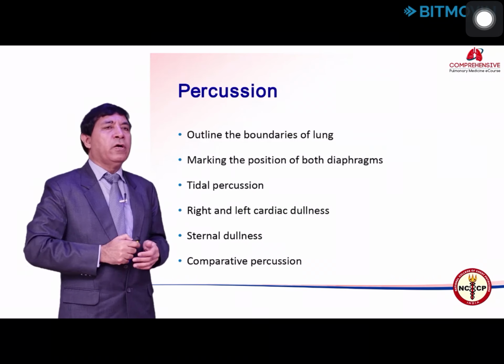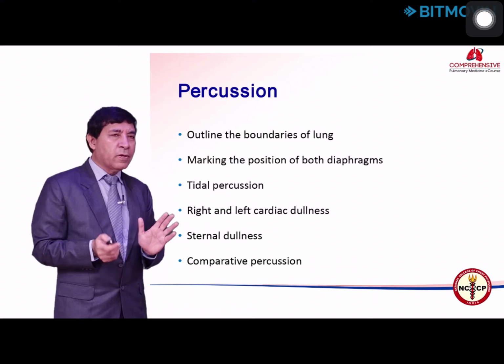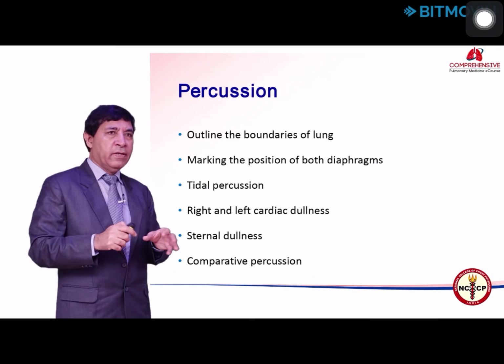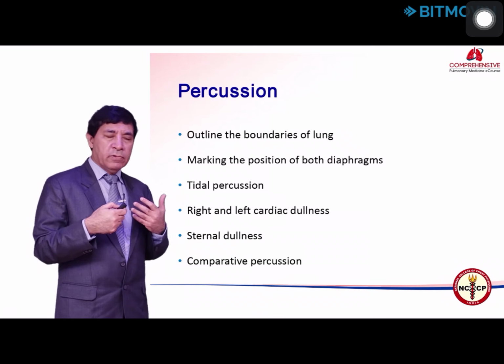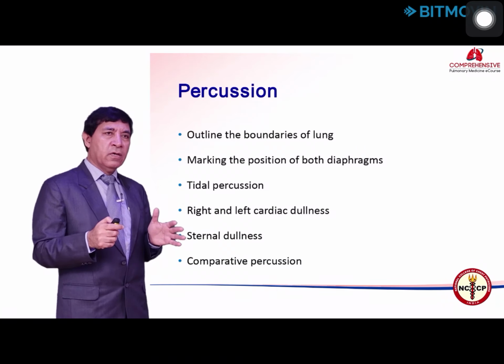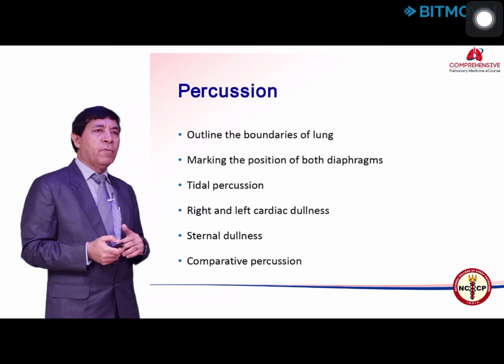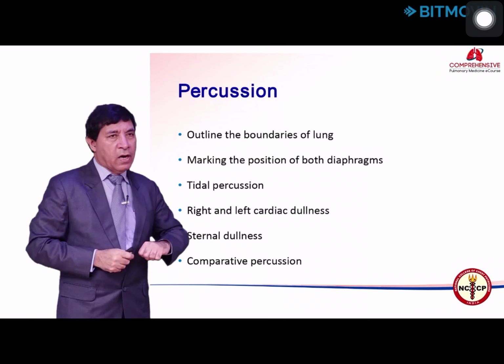So, it is very important that when you want to do percussion, you are ideally doing this percussion on the lungs, and you want to diagnose whether the lung is afflicted with some pneumonia, fibrosis, or there is an effusion on that side. So, it is first very important to mark the boundaries of the lung.